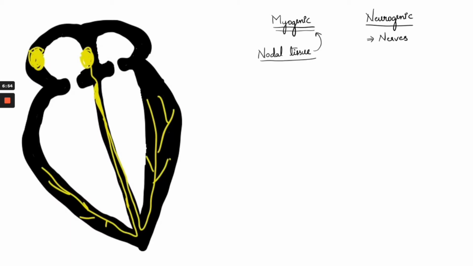What are those? Let us see. So we know this is the right atrium, left atrium, right ventricle and left ventricle. In the right atrium at the top, we have one nodal tissue known as the sinoatrial node. The first one is the sinoatrial node. The sinoatrial node is considered the pacemaker of the heart.